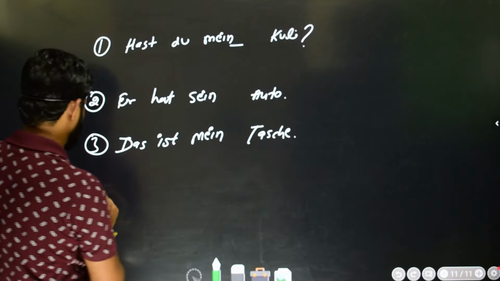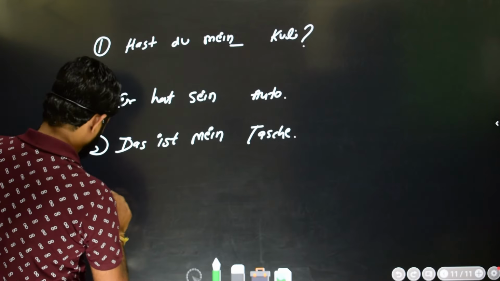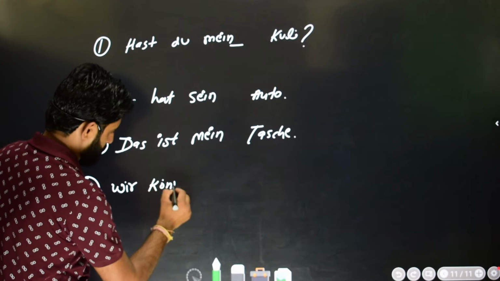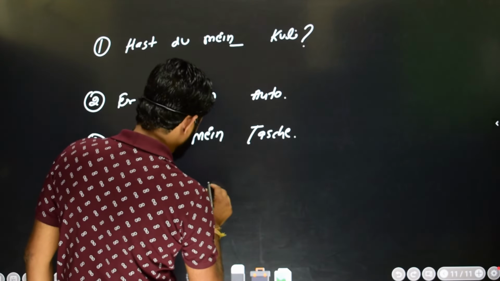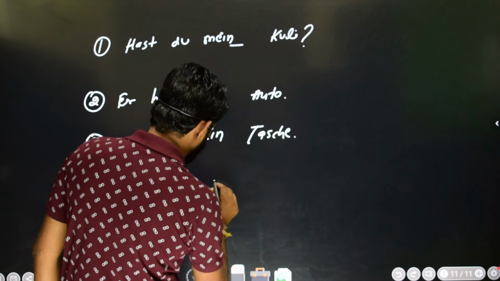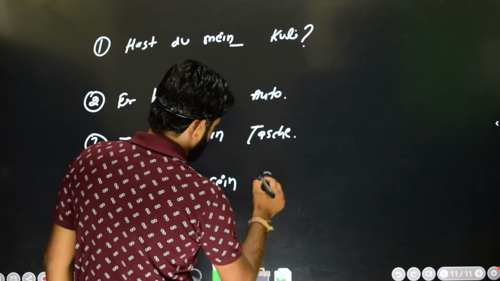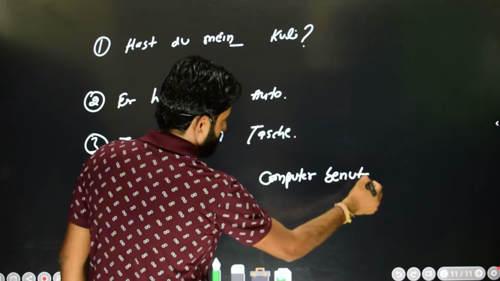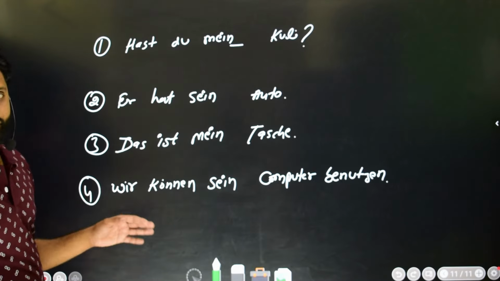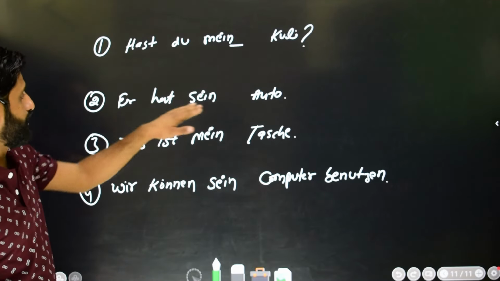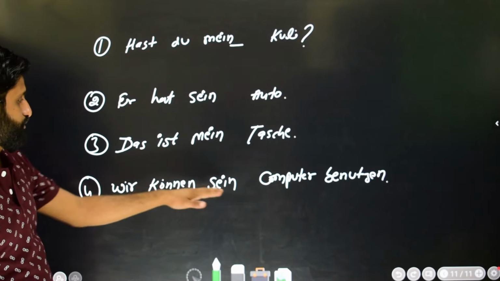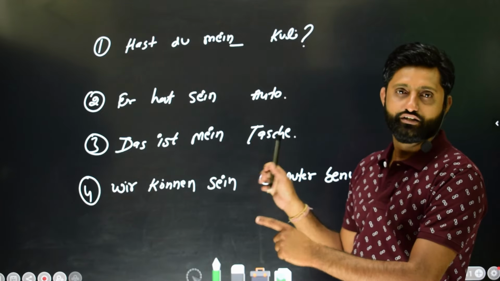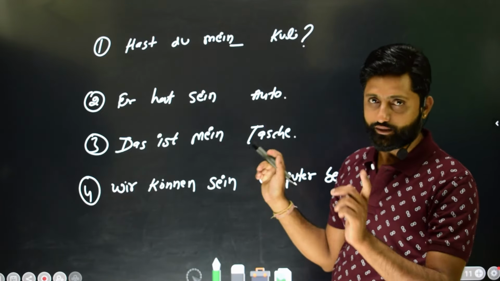Das ist meine Tasche. Wir können. So I have written four sentences. Du hast mein, hat sein Auto, das ist mein Tasche, wir können sein Computer nehmen. Here you can pause the video and just try to fill the blanks. Then after that you can check the answers that I am going to write here.